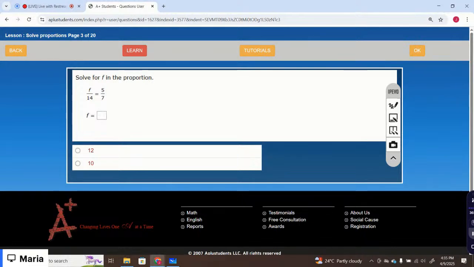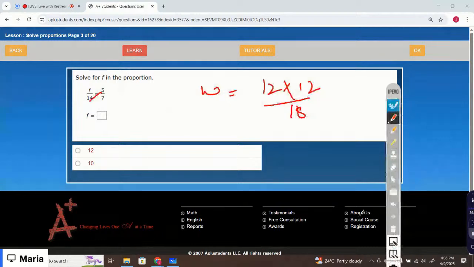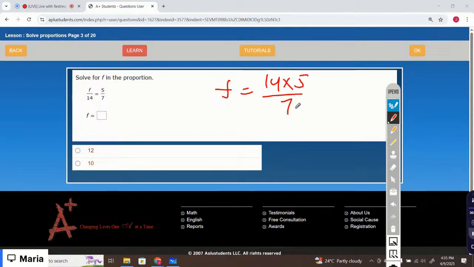Solve for f. f over 14 equals 5 over 7. So you just have to cross multiply. f equals 14 times 5 over 7. You can simplify here. 7 times 2 is 14. So 5 times 2 is 10.